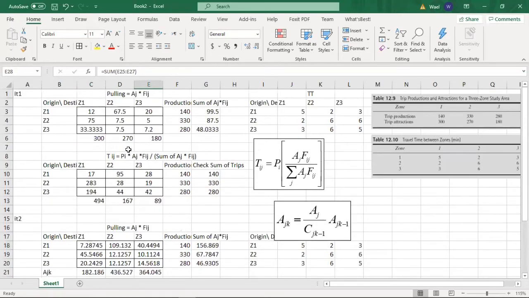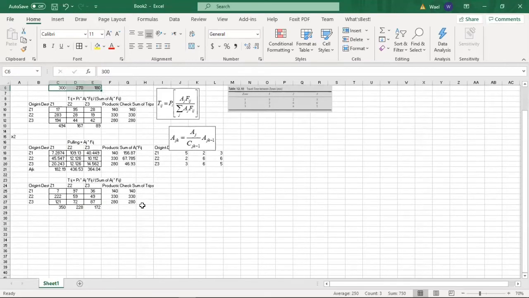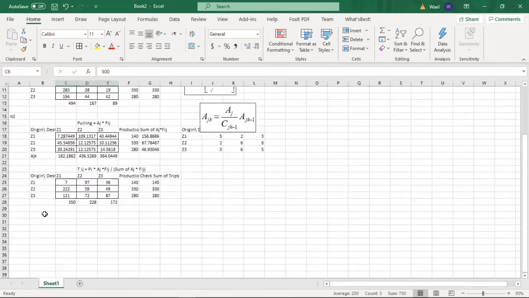Those are the original attractions. Now we are getting close. Let's do a third iteration. For the third iteration, we're going to take all of this.